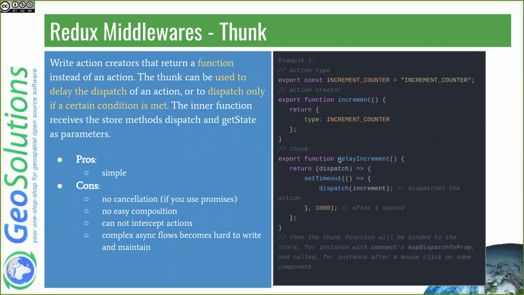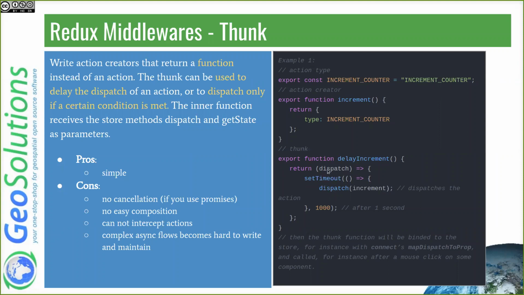What does it mean? For instance, on click I have to do an AJAX request to the server, and when I get the result back, for instance using Axios or another library to do the AJAX request, I want to dispatch an action to update the state.